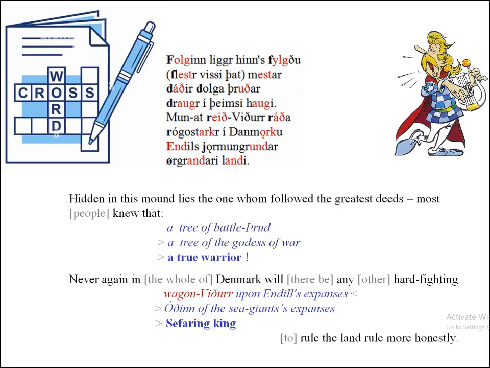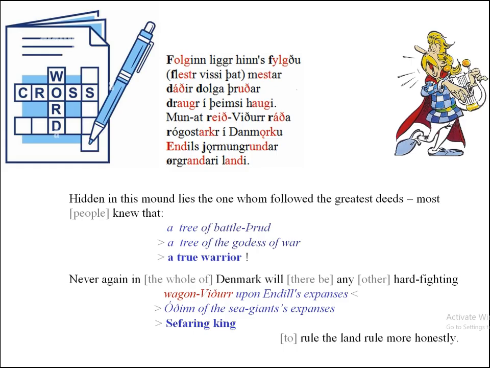With no further ado, let's rearrange the Karlevi inscription. Hidden in this mound lies the one whom followed the greatest deeds. Most people knew that, and now the first kenning starts. A tree of battle Thrud.